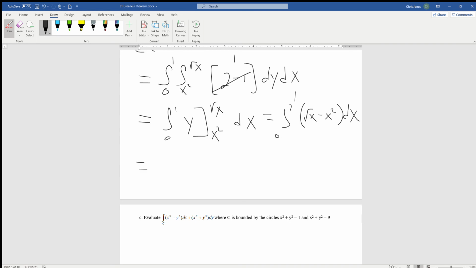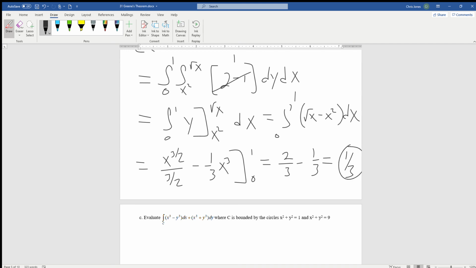We take the antiderivative, which is x to the 3 halves over 3 halves minus 1/3 x cubed, from 0 to 1. Essentially it ends up being 2/3 minus 1/3. When we substitute 1 back in and multiply by the reciprocal, we get 2/3 minus 1/3, which ultimately gives us a value of 1/3.